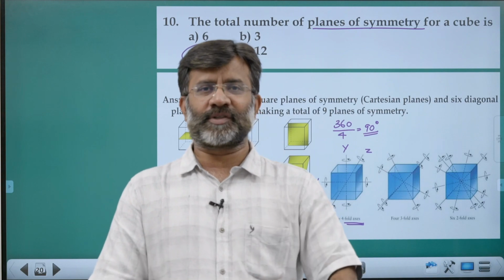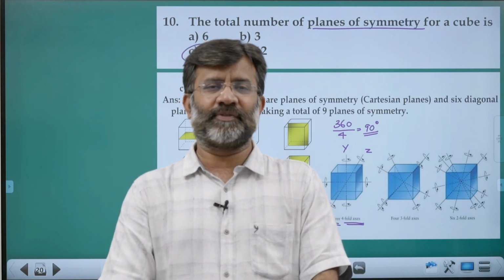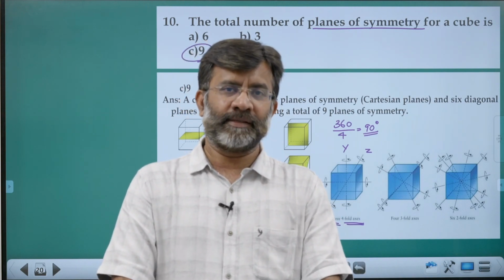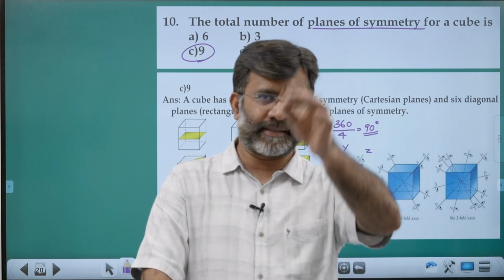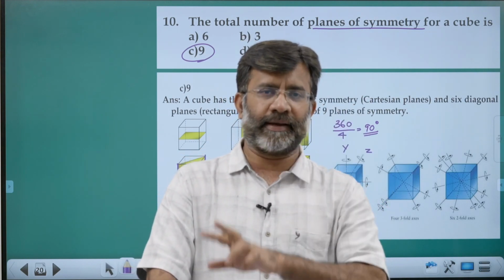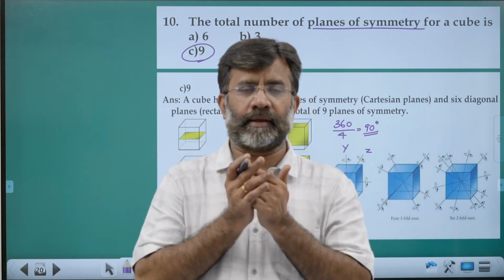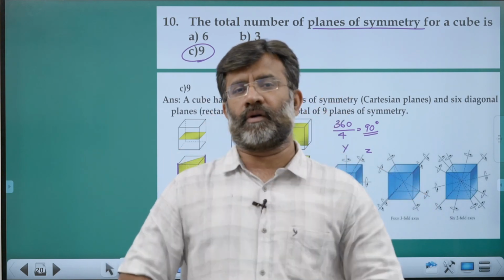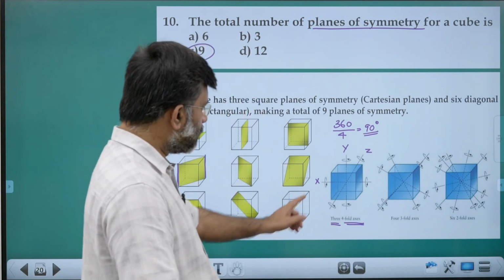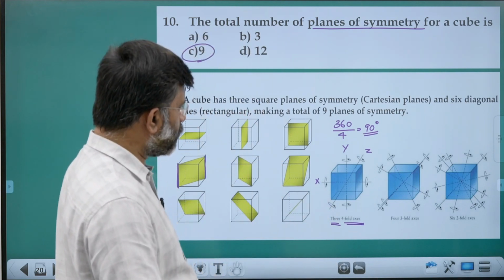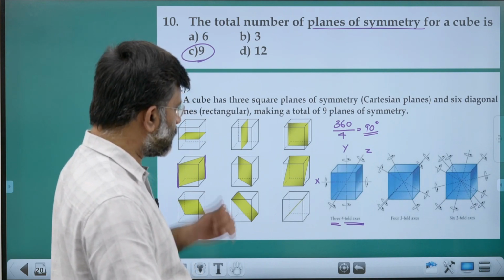Here it is a fourfold axis. How do you understand that? 360 by 4 is 90 degrees. If you rotate by 90 degrees, you will get the same configuration. That is the meaning. There are 3: one through the x-axis, one through the y-axis, one through the z-axis.